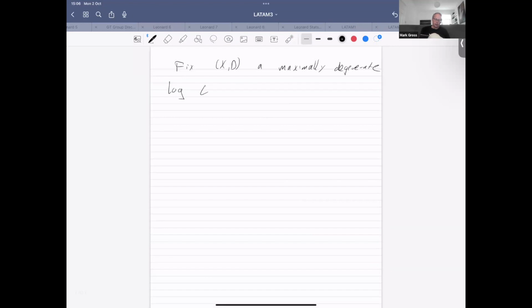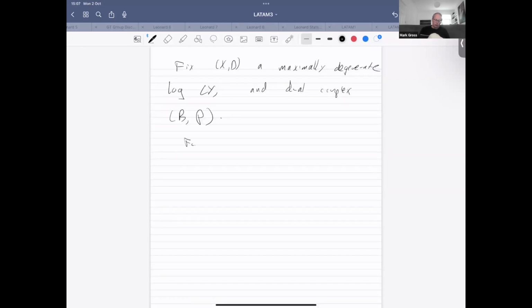I'll call it the dual complex, which I'll write as (B, P). B is the topological space, P is the collection of cones.